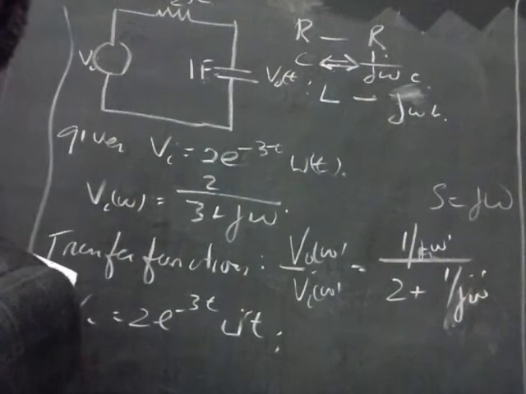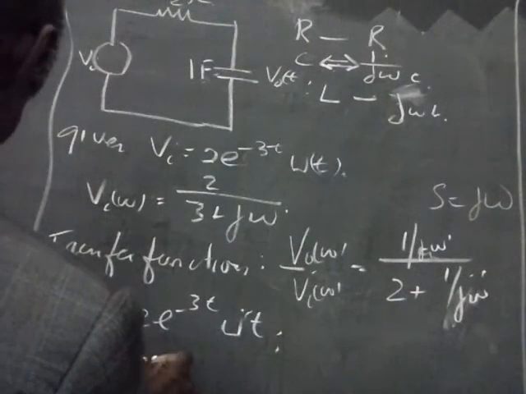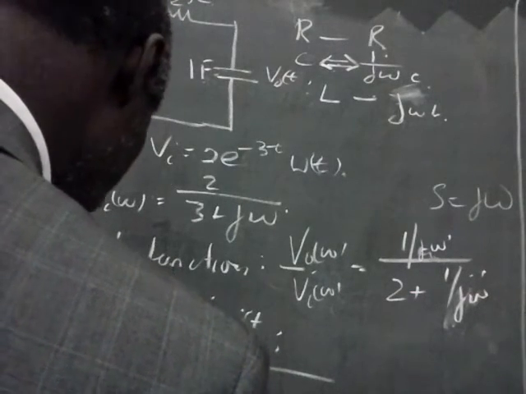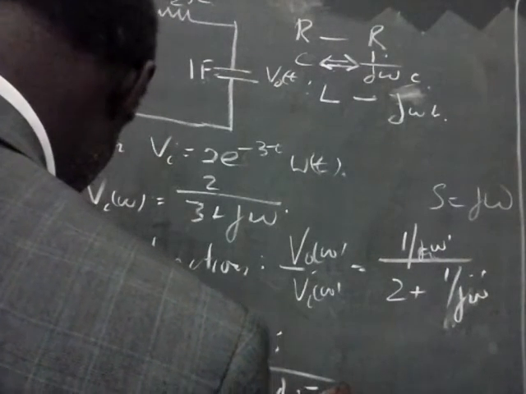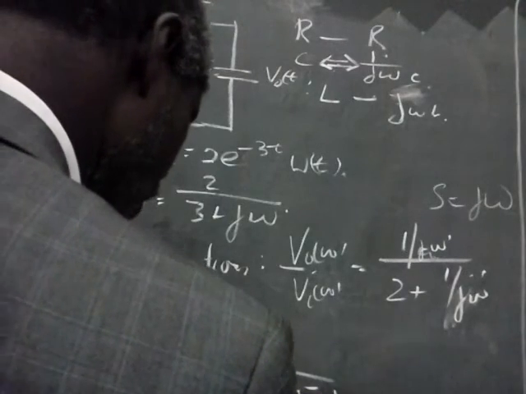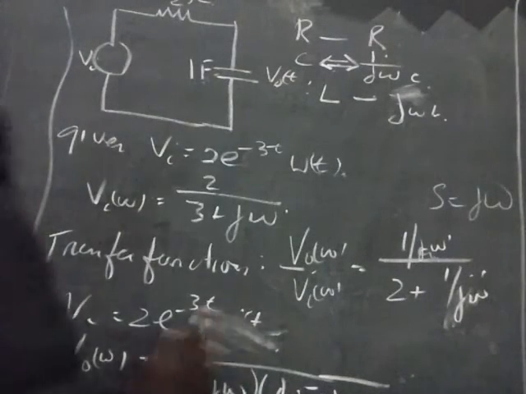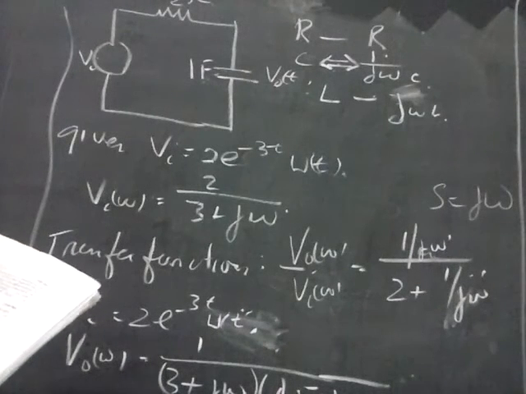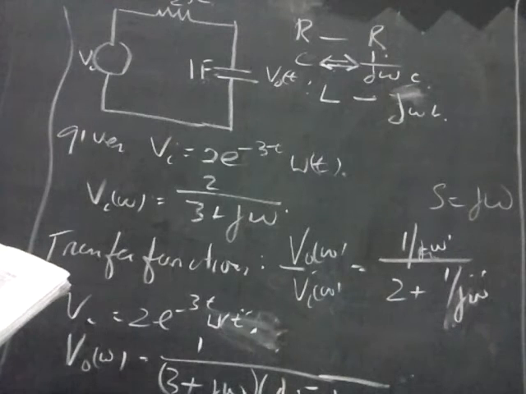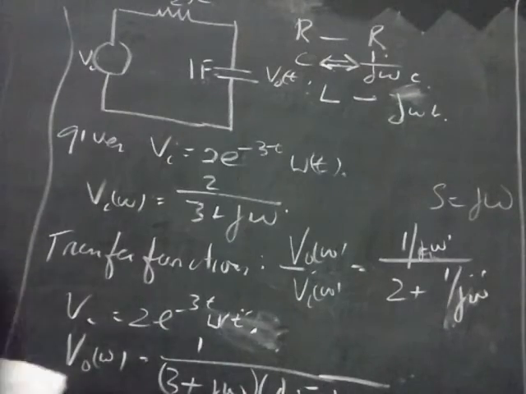Hence, what we have is that V0 of omega, V out of omega, is equal to 1 over 3 plus j omega times 0.5 plus j omega. Let's not leave out the steps.